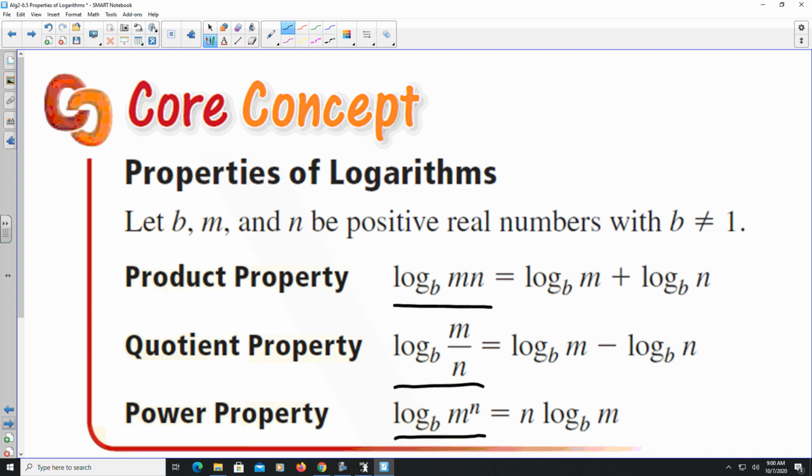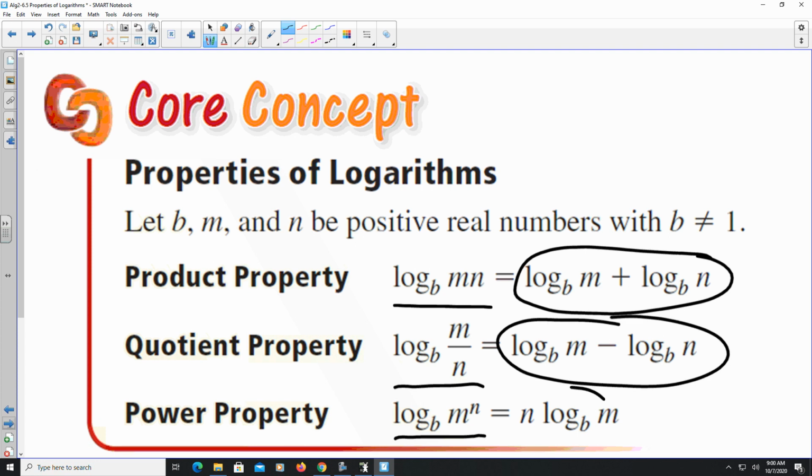The expressions that I'm circling are examples of logarithms that are expanded. When you expand some logarithms, there'll be more logs, because of whatever given information you may have. You may use multiple properties to assist you in expanding a logarithm.